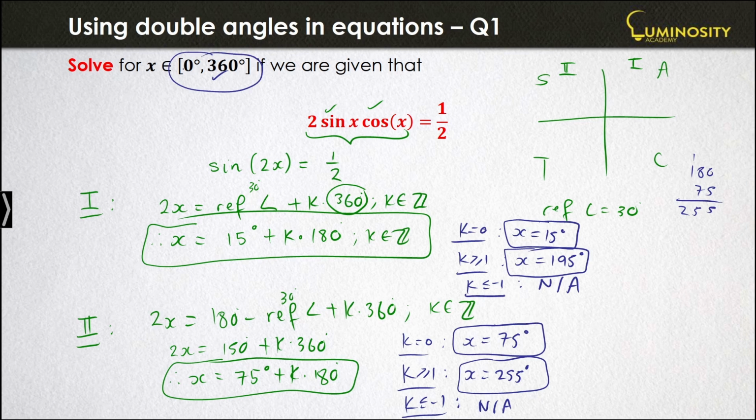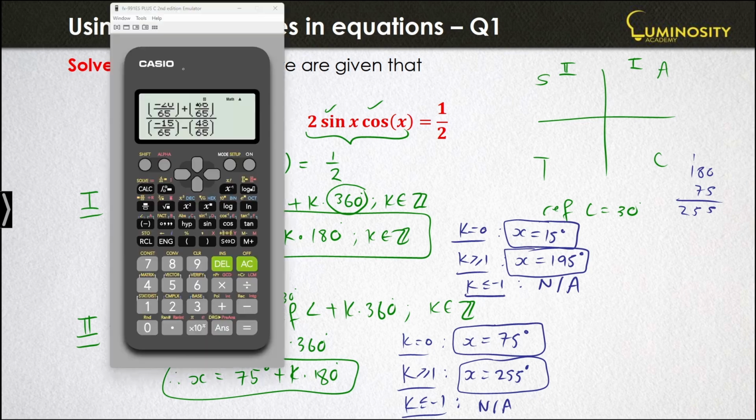So I have 4 possible solutions, and again, we can verify each solution by just substituting it back into the original equation. I'll start off with 2 sine 15 degrees times cos 15 degrees, and that gives me a half. Then 195 degrees gives me a half.